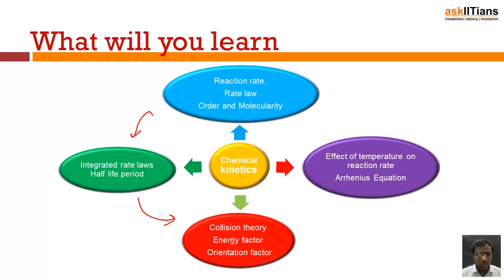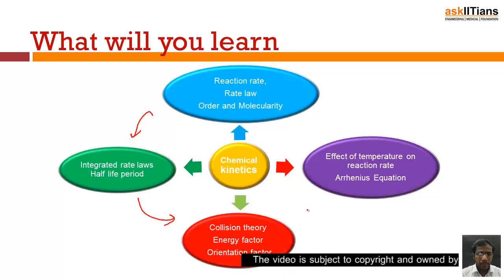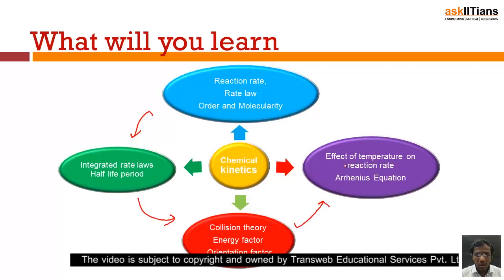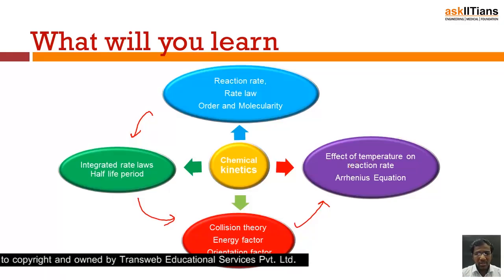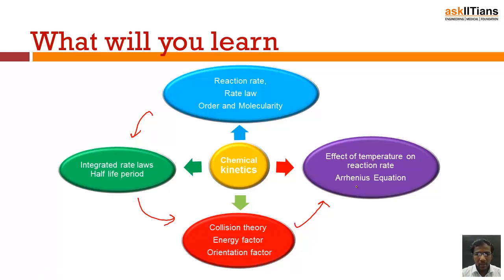In collision theory, we are going to learn the energy factor and the orientation factor. And finally, we are going to learn how temperature affects the reaction rate as well as the rate constant, which is given by the Arrhenius equation.